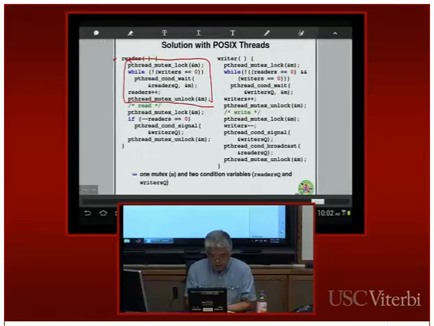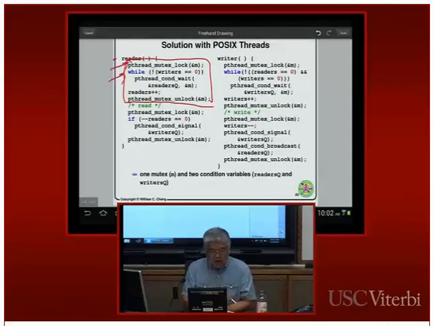So you lock the mutex, while not guard, exactly as in the previous slide, call pthread_cond_wait, and the condition you're going to wait for is the reader's queue. Eventually, when the guard becomes true and you have the mutex lock, you increment the readers, and then you unlock the mutex.